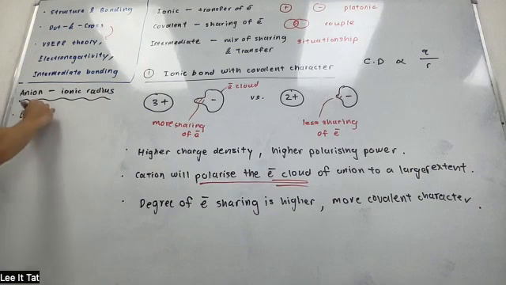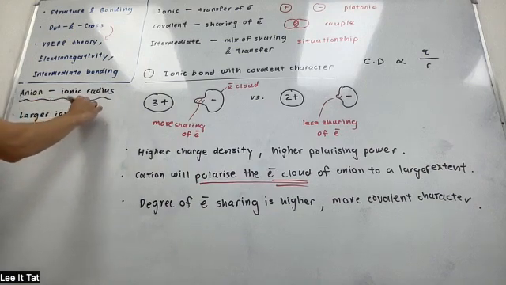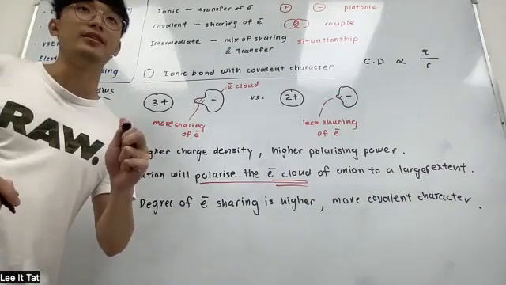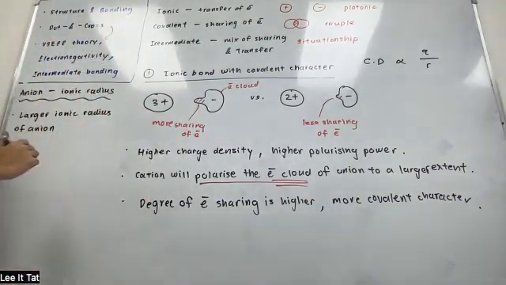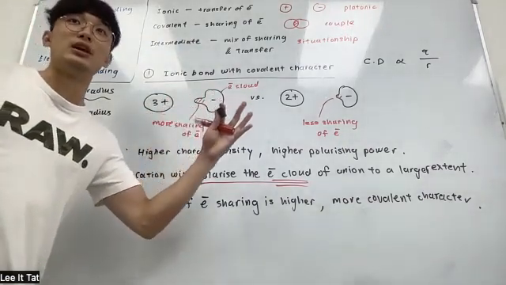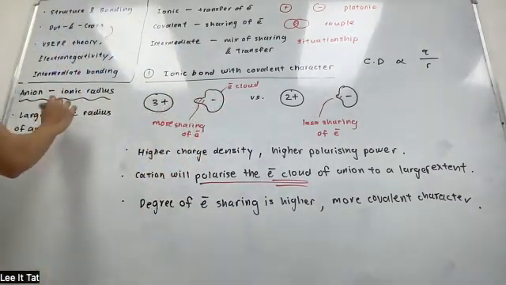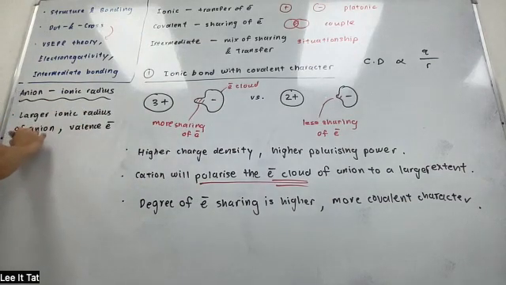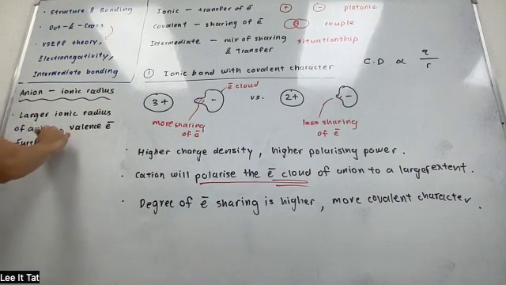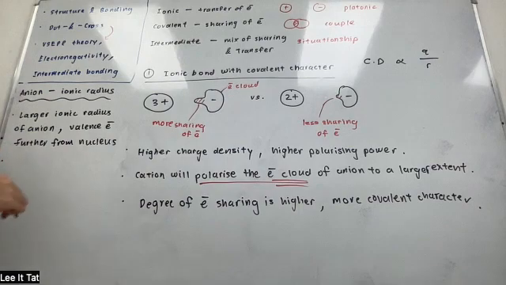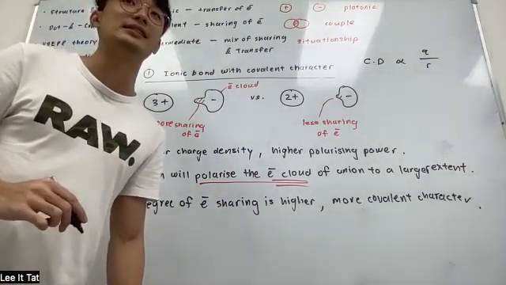Guys, the larger the ionic radius of the anion, what happens? Do you think it's going to be more easily pulled or less easily pulled? Think about it. The larger the ionic radius, the further away from the nucleus, right? So let's write it down. Larger ionic radius, valence electrons are further from the nucleus. Guys, if you're further from the nucleus, are you going to be more easily polarized or less easily polarized?